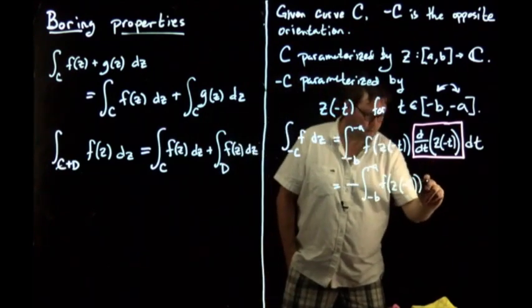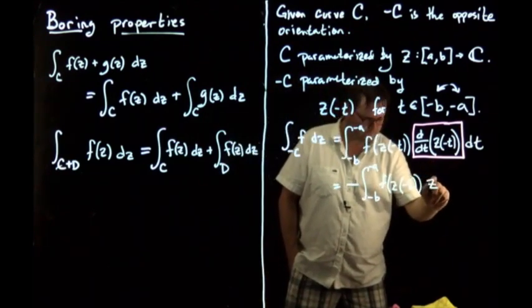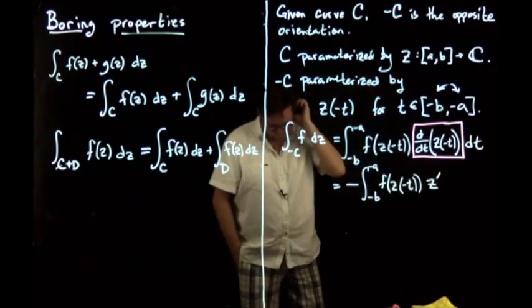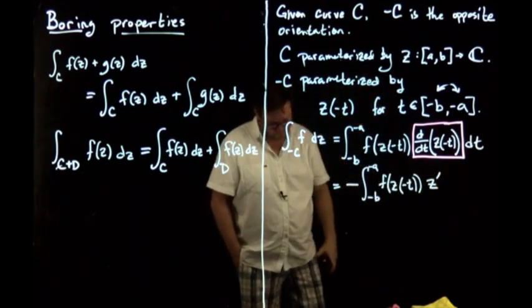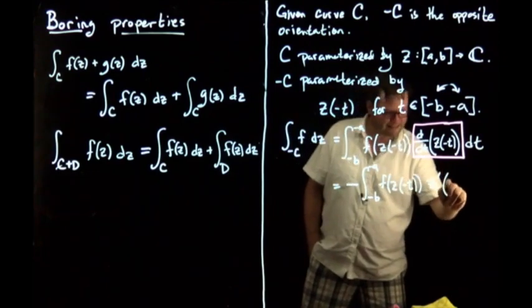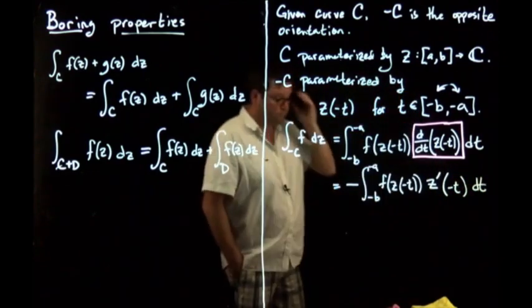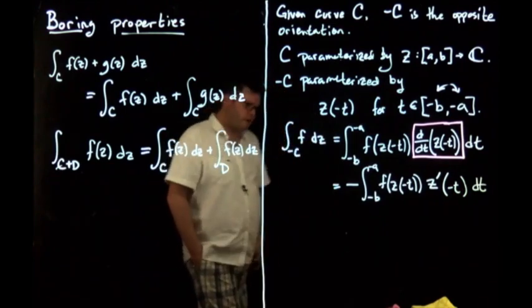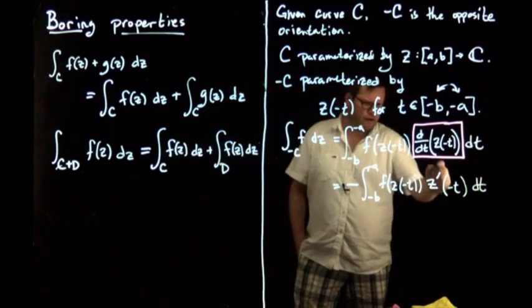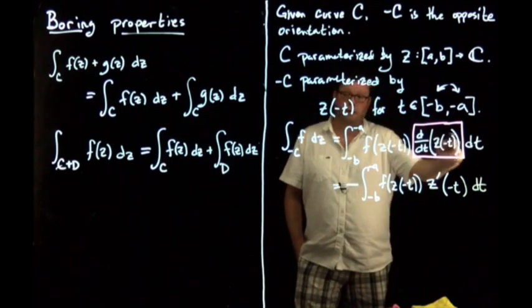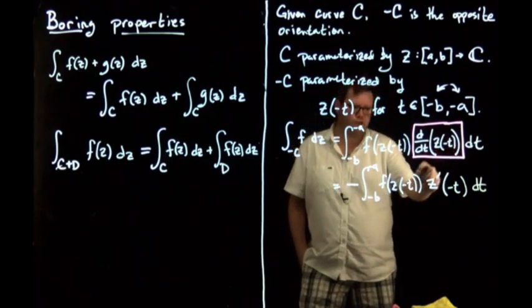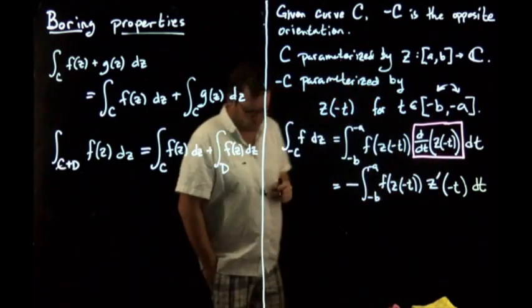And then we will have the derivative at minus t. Notice the difference here. Here I'm saying the derivative of z of minus t. Here I'm saying the derivative of z evaluated at minus t.